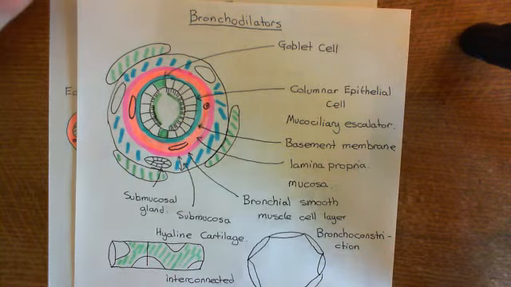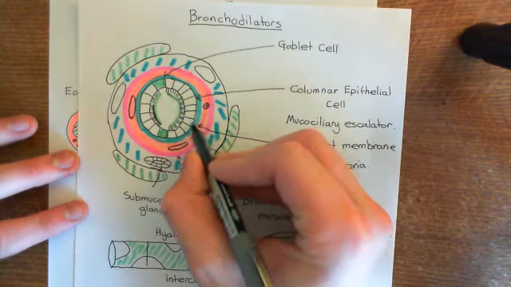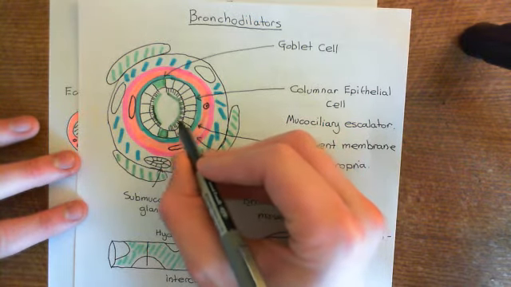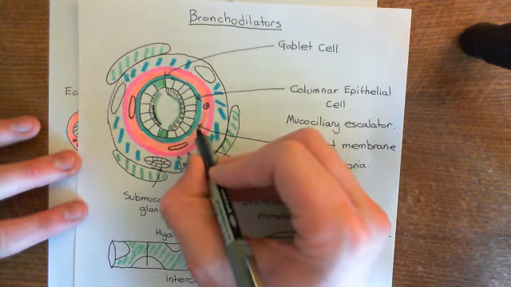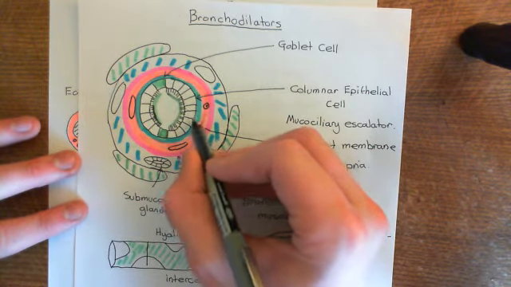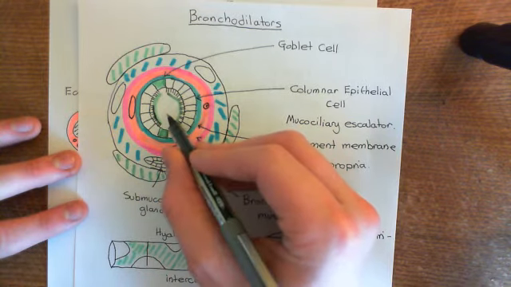What this can eventually lead to is the exposure of neurons which are within the lamina propria to the airway. There are sensory neurons within the lamina propria, and if you damage the epithelium enough, they can end up exposed to the airway.